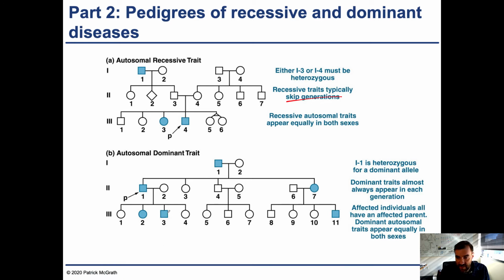All right, and in a dominant trait, the trait almost always appears in each generation. Affected individuals also have an affected parent, and dominant autosomal traits appear equally in both sexes. We will get to sex-linked traits later, but for now, we're just considering genes that fall on one of the autosomes. So this is an example of an autosomal dominant trait.